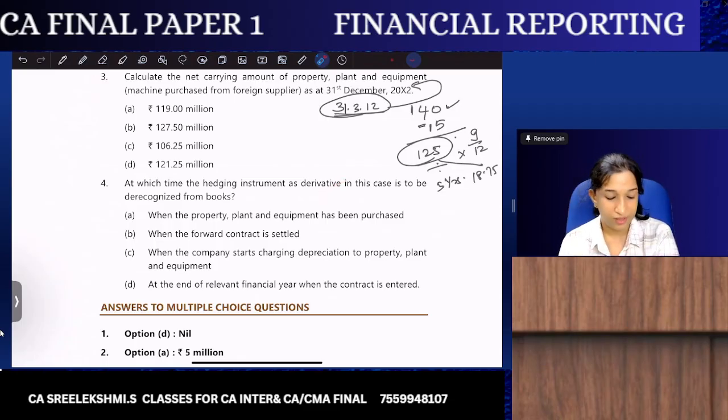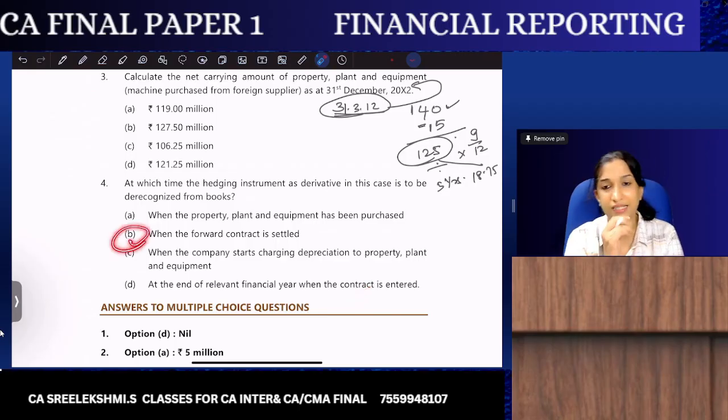Hedging instrument will be de-recognized from the books when the PPE has been purchased, when the forward contract is settled, or when the company starts depreciating PPE at the end of the financial year.